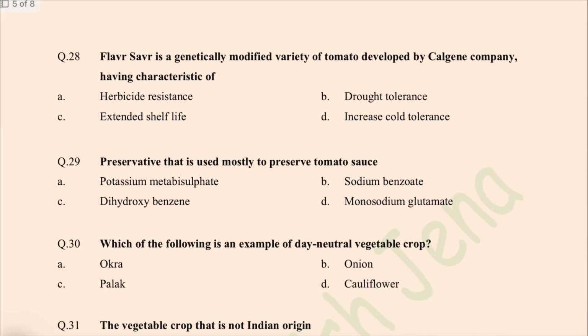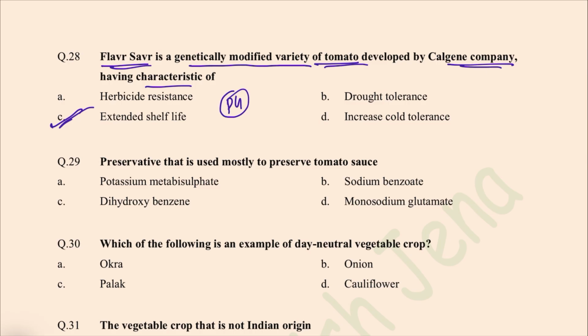Flavr Savr is a genetically modified variety of tomato developed by Calgene company, having the characteristic of extended shelf life. Flavr Savr is basically the first commercially grown genetically engineered food. It was modified by inserting an antisense gene to inhibit production of the enzyme polygalacturonase, that is PG.